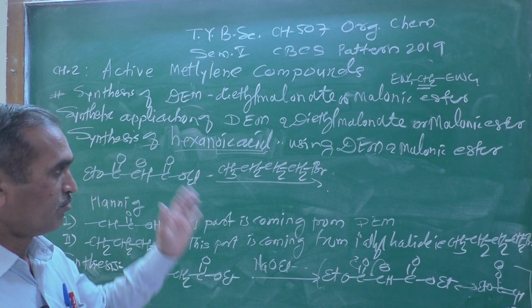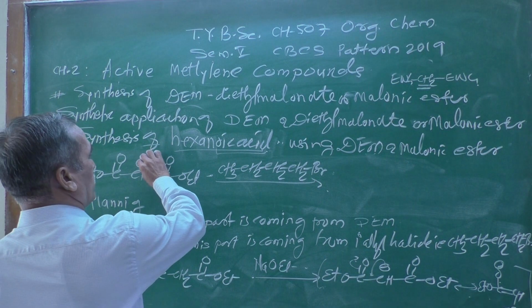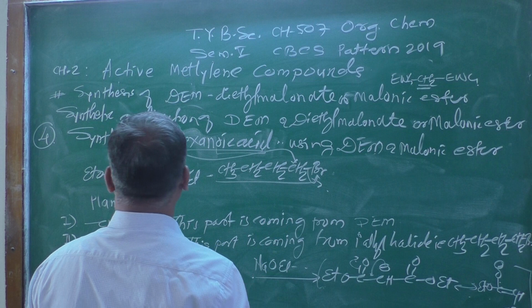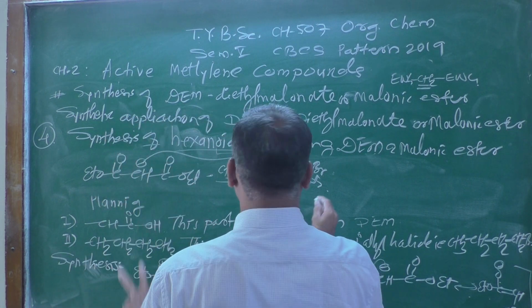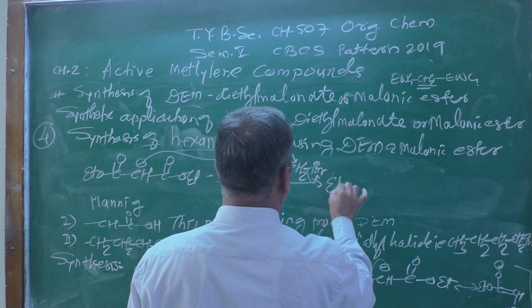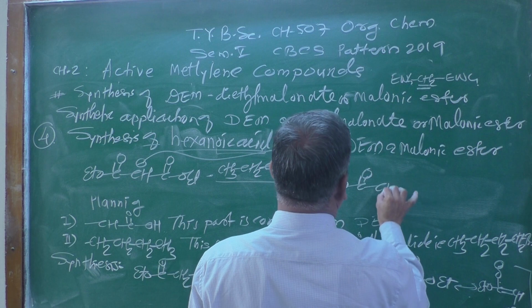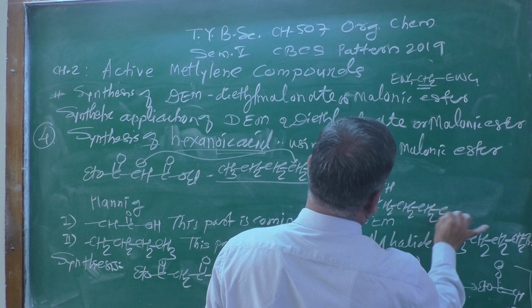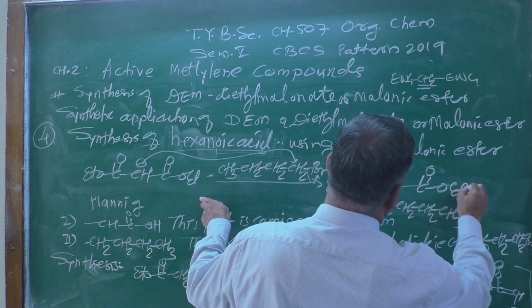So that we can make our target molecule by using this one. It is going to attack on this CH2, there is a departure of Br, and then we will finish this one very shortly: EtO, C double bond O, CH, then CH2, CH2, CH2, CH3, C double bond O, OEt.